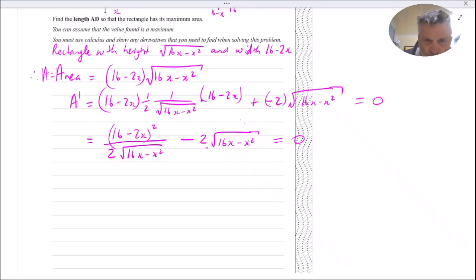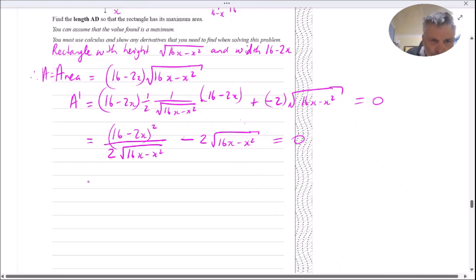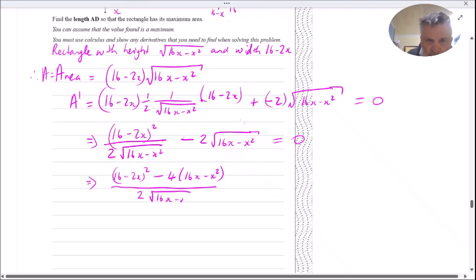We can put this on the same denominator by multiplying by 2 over 16x minus x squared. So this is the same as 16 minus 2x squared minus 4 times 16x minus x squared over 2 root 16x minus x squared equal to 0.